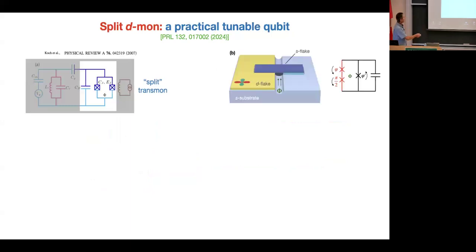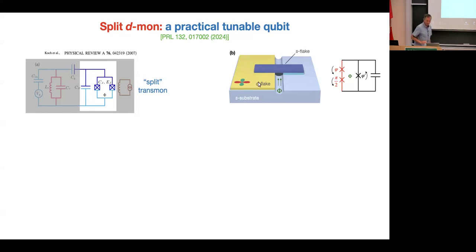Just as a side, I mentioned before that a practical transmon actually has two Josephson junctions with some flux in the middle, so that they can control the effective Josephson coupling. In the same way, one can do, it's called a split transmon design. One can do split d-mon design.